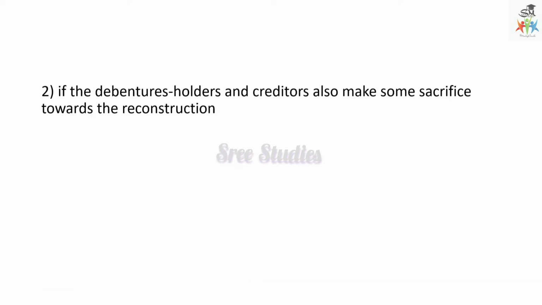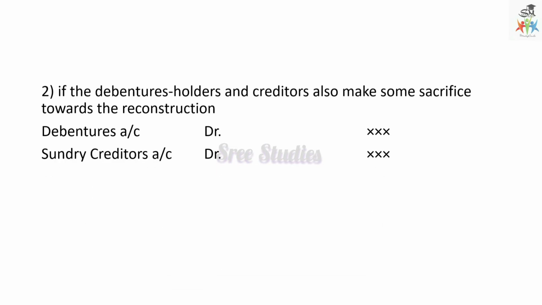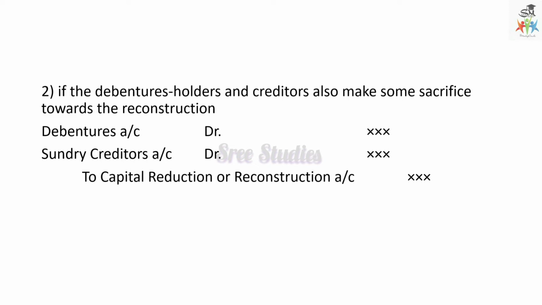Then if the debenture holders and creditors also make some sacrifice towards the reconstruction, in such a case, debentures account debit or sundry creditors account debit, how much they are sacrificing, to capital reduction or reconstruction account with the amount of sacrifice.